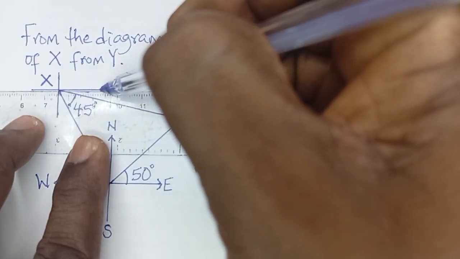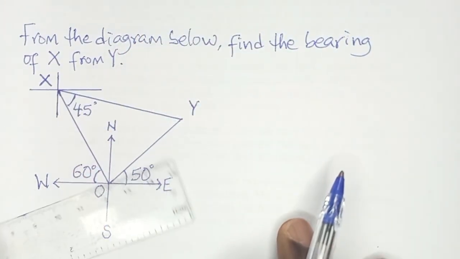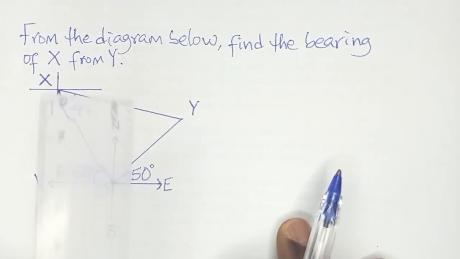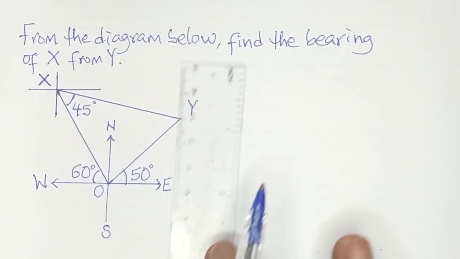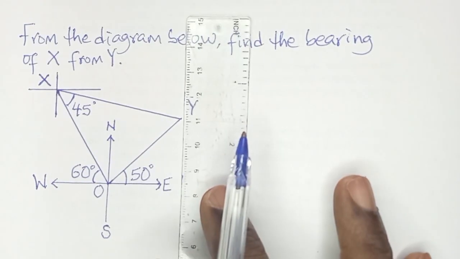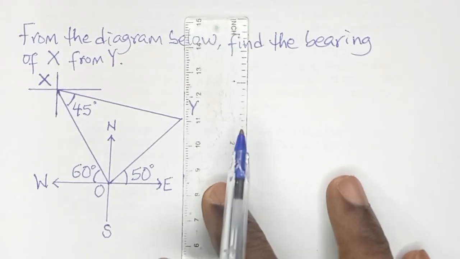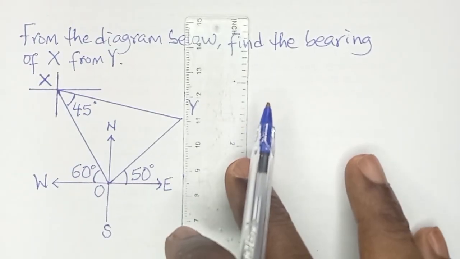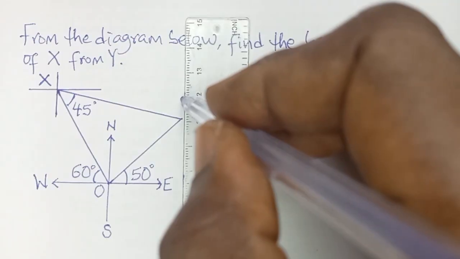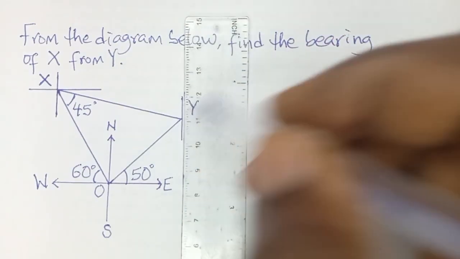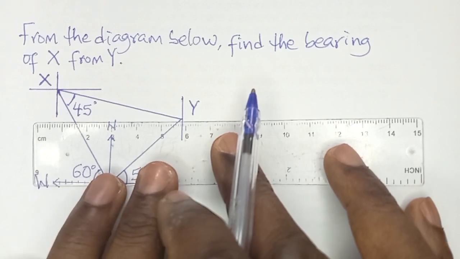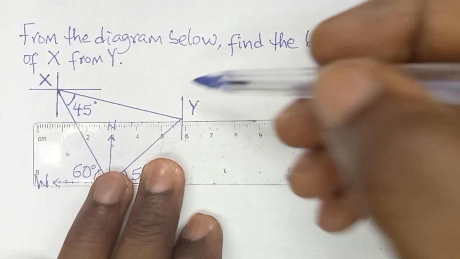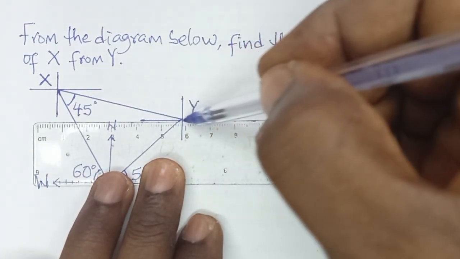In the same way, I'll also draw the cardinal points at this point y so that we can also see the parallel lines that we need. So let me draw this north-south line and then also draw the east-west line.